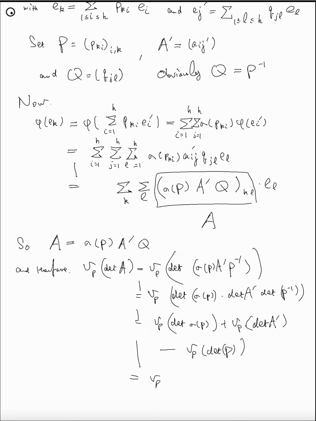So finally, what's the difference between the two valuation determinants in their different bases? They differ by the determinant of sigma P over P. I don't really need to separate it, but fine.